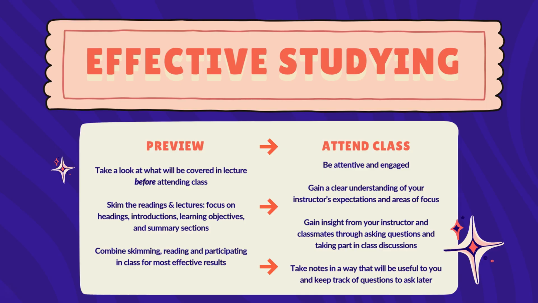You want to gain a clear understanding of your instructor's expectations and areas of focus. Always remember the syllabus is a great place to start. You want to gain insight from your instructor and classmates through asking questions and taking part in class discussions. Additionally, you want to take notes in a way that will be useful to you and keep track of questions to ask later.